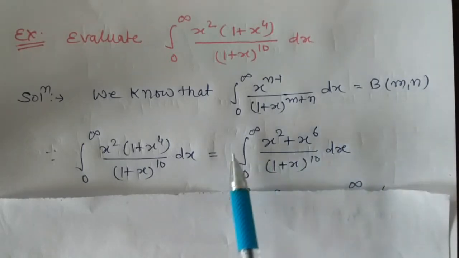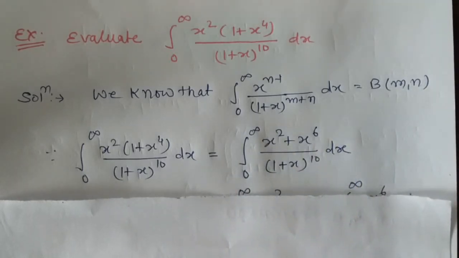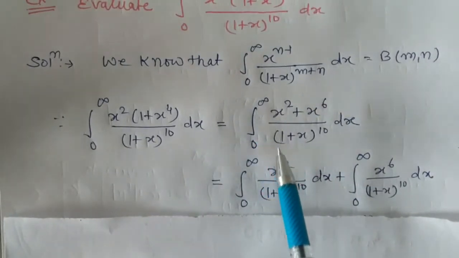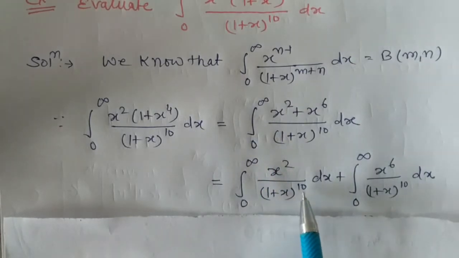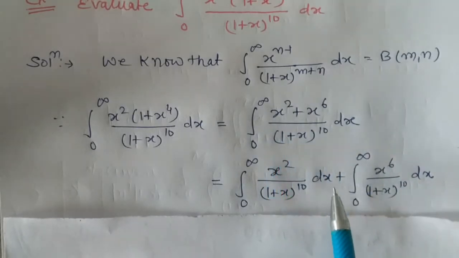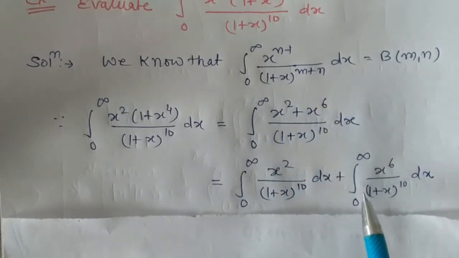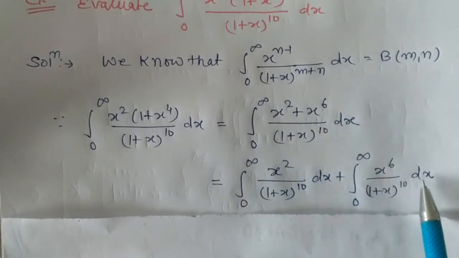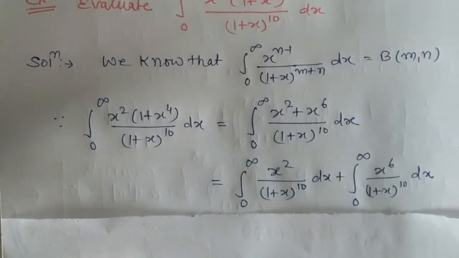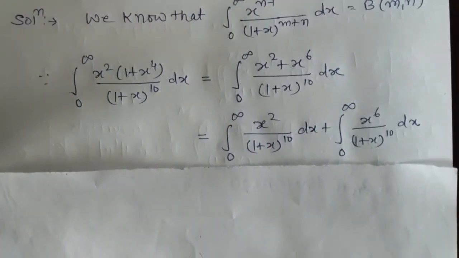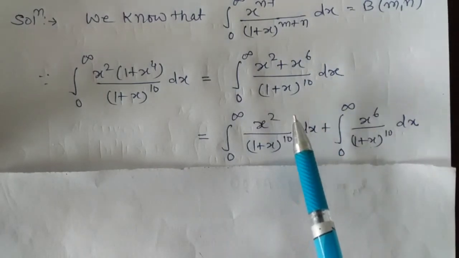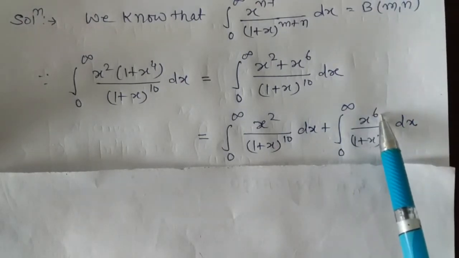Now from here we separate two integrals. The first integral is from 0 to infinity of x squared upon (1 plus x) whole power 10 dx, plus the second integral from 0 to infinity of x to the power 6 upon (1 plus x) whole power 10 dx. So we separate the two integrals by separating the numerator. Now for x squared we write the power as 3 minus 1, and for x to the power 6 we write 7 minus 1.